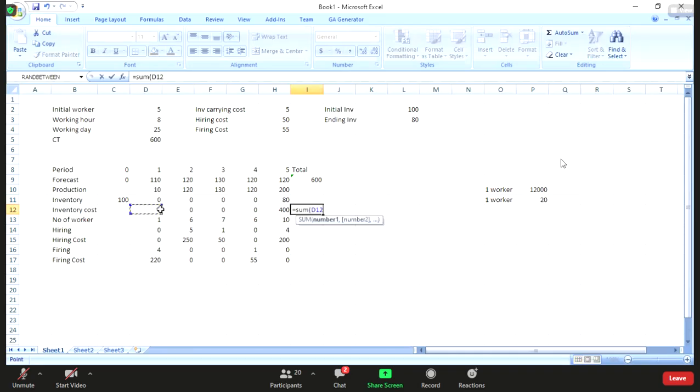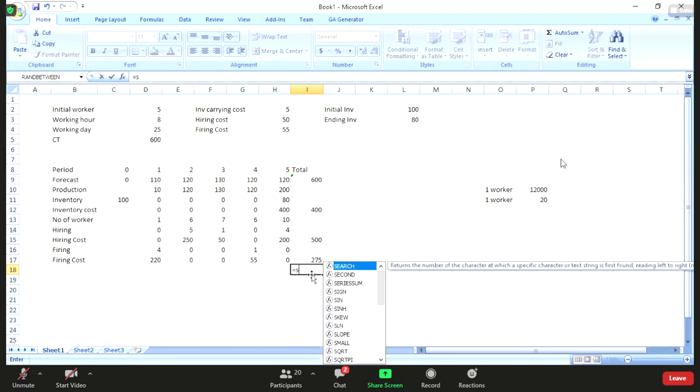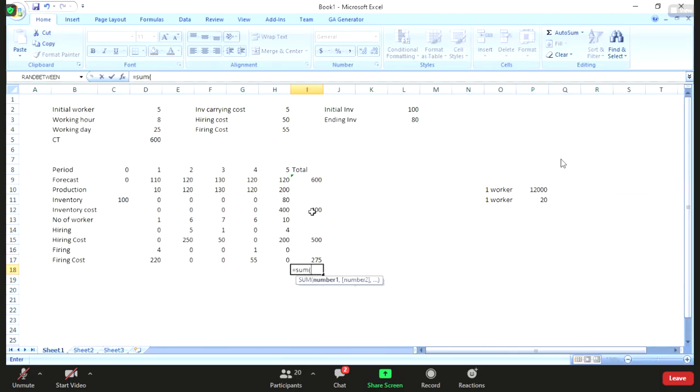And also the hiring cost, sum of the hiring cost, and also the sum of the firing cost. So here we can sum all of the costs. Okay, this is the total cost. Total cost is $1,175.